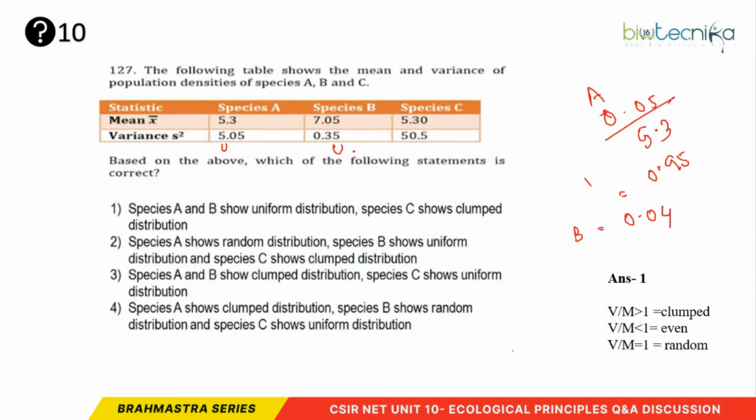But if you take the C, which is 50.5 divided by 5.30, it is coming as 9.52. So 9.52 means it is greater than 1, so therefore it is clumped.